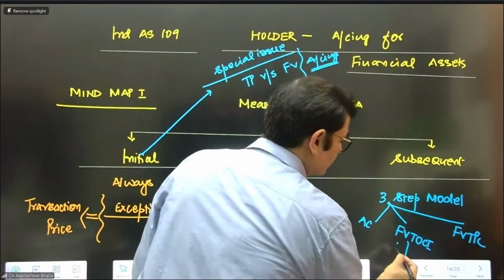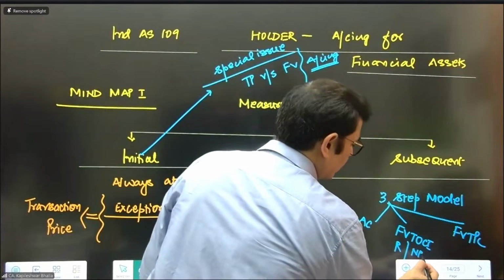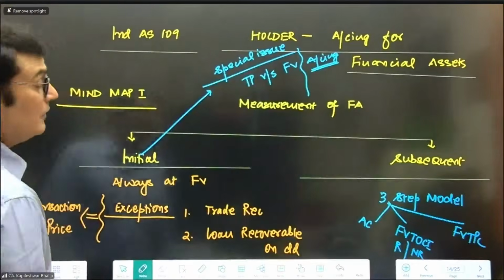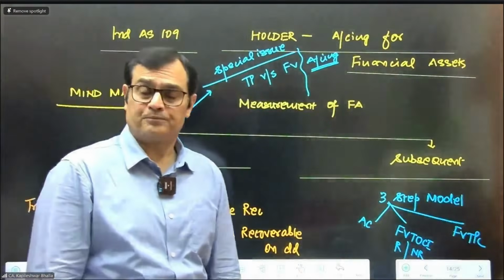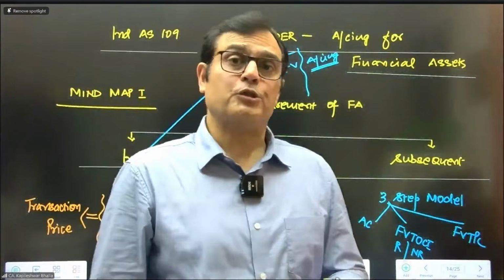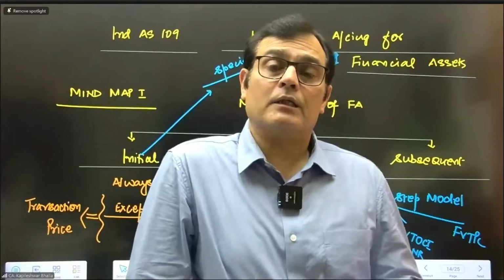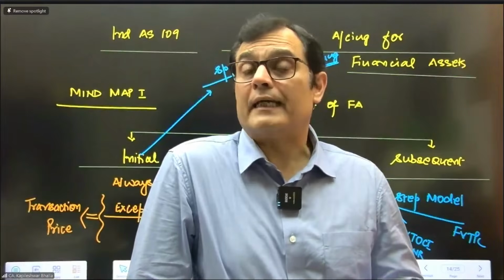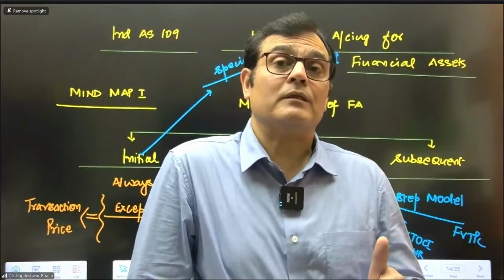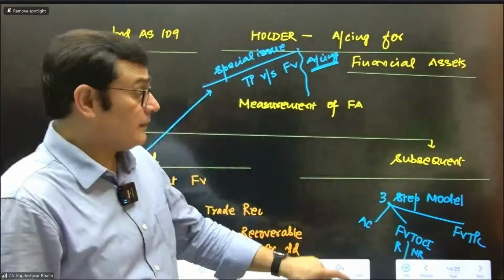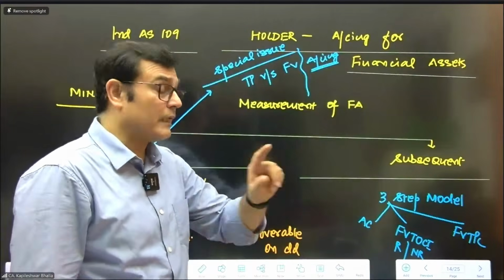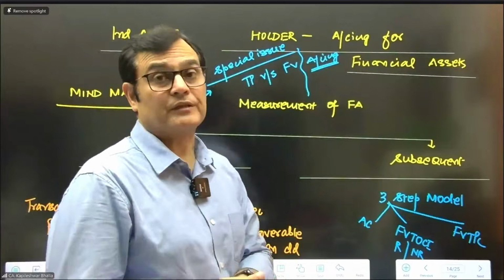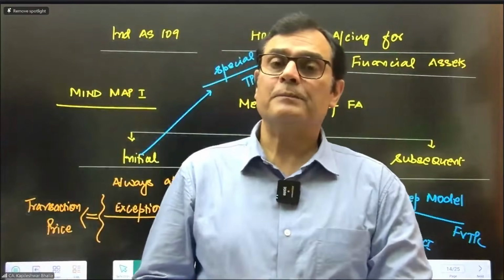And in terms of OCI, there is R and NR, recycling or no recycling, or you can say no reclassification. So all the financial assets subsequently are divided into four categories, depending on whether they are debt or equity investments. In this particular case, it is either measured at amortized cost, or at fair value through other comprehensive income, or it could be FVTPL.